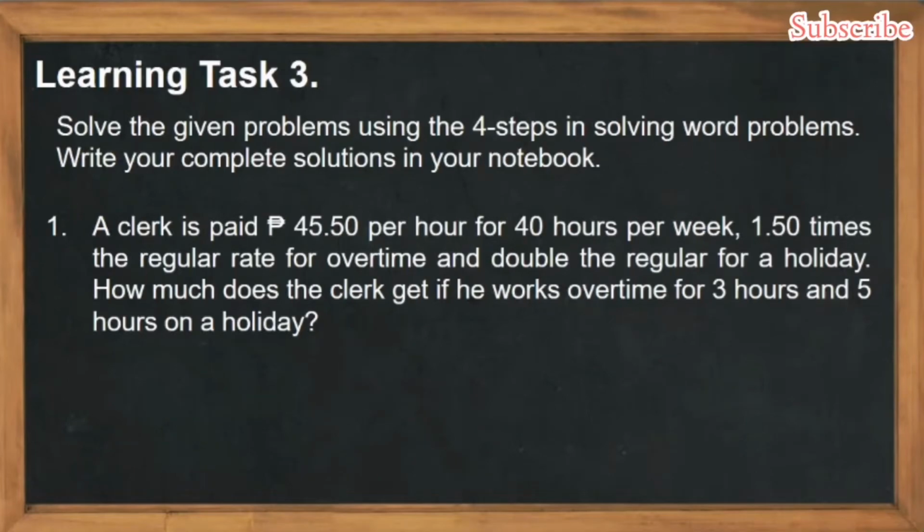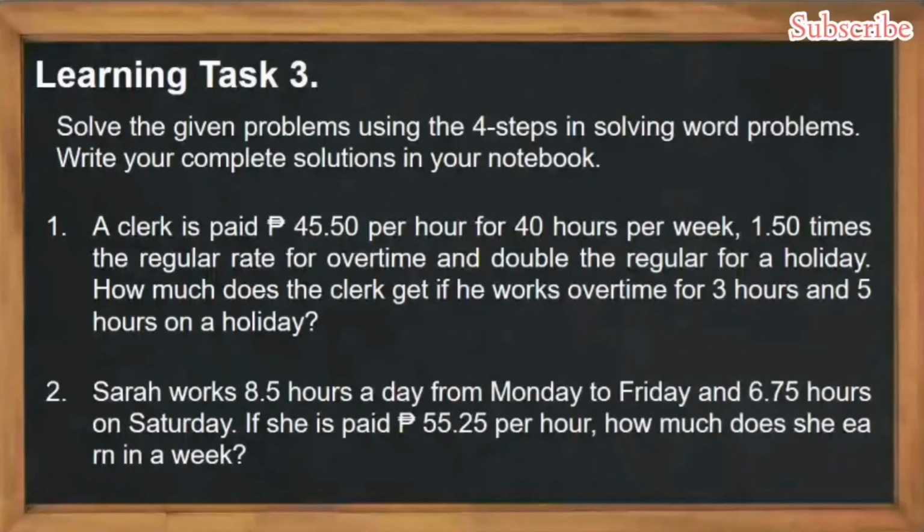For problem number 1, a clerk was paid 45.50 pesos per hour for 40 hours per week, 1.50 times the regular rate for overtime and double the regular rate for a holiday. Question: how much does the clerk get if he works overtime for 3 hours and 5 hours on a holiday?